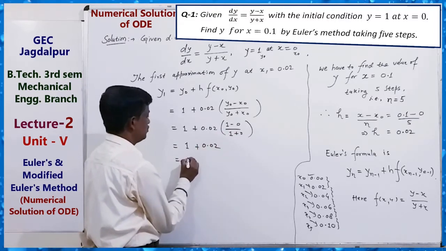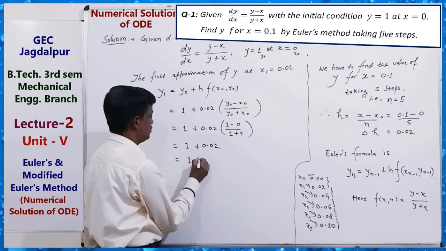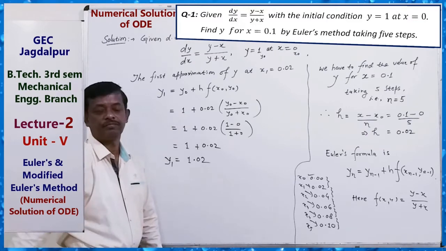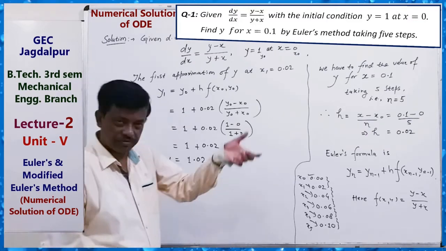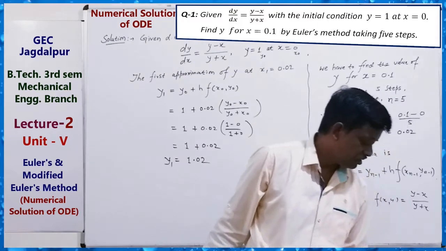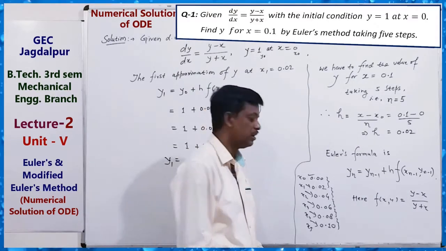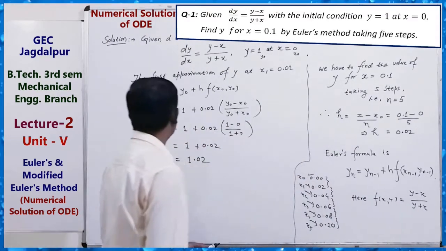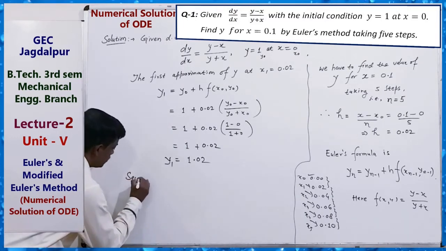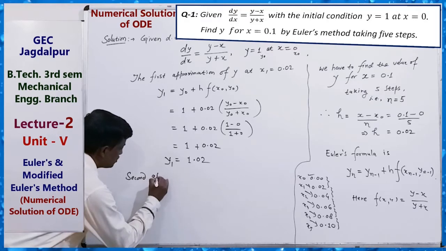This is the first approximation, 1.02. Second, third, fourth, fifth, similarly you have to do. Second approximation.